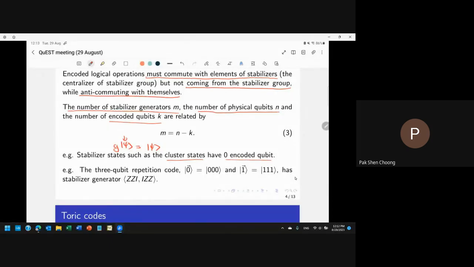If you look at the 3 qubit repetition code, which is 000 and 111, the stabilizer generators are ZZI and IZZ. Both of these generators preserve 000 and 111. So this has one encoded qubit.